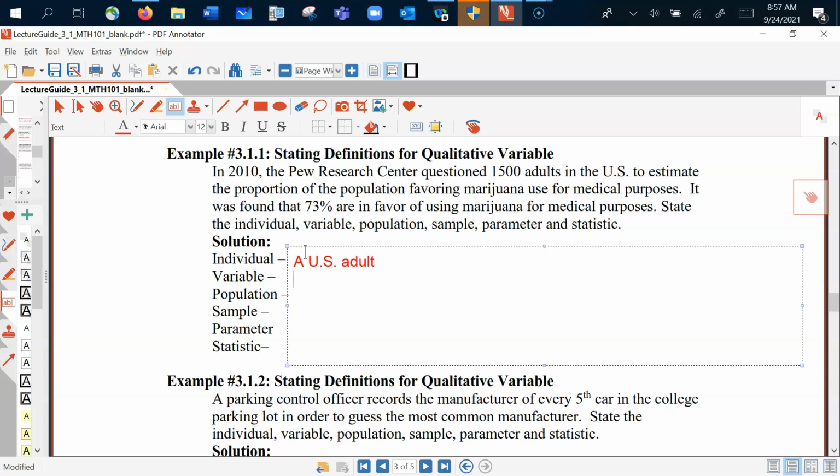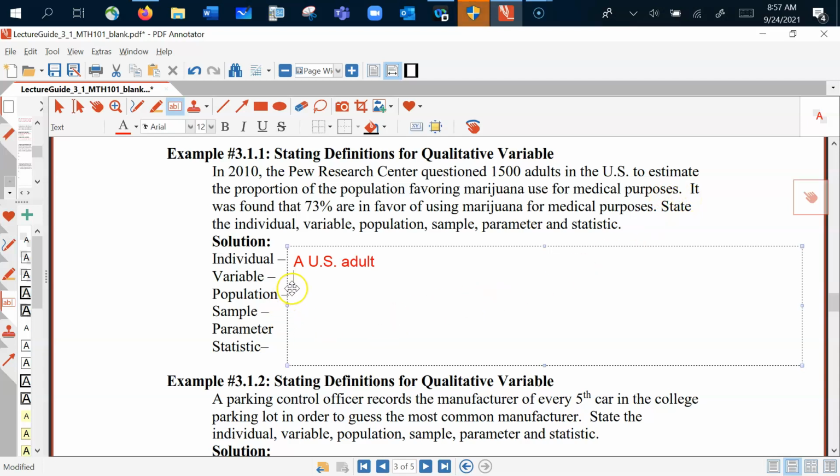So the variable, so the who is the individual, a U.S. adult. The variable is the what. So what data, what information are we extracting from an individual here? They really want to know if the person is in favor of marijuana use for medicinal purposes.